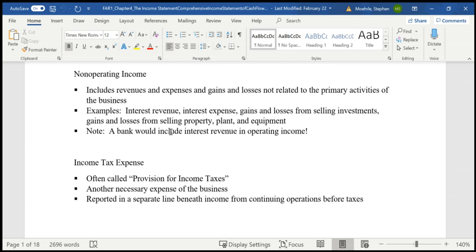Now, there is a gray area here. For example, a bank would include interest revenue in operating income because that's the main business, the main service that a bank provides to its customers.